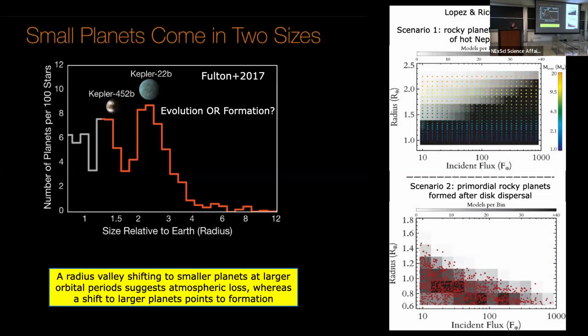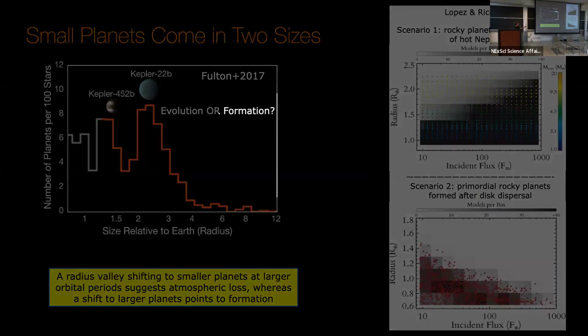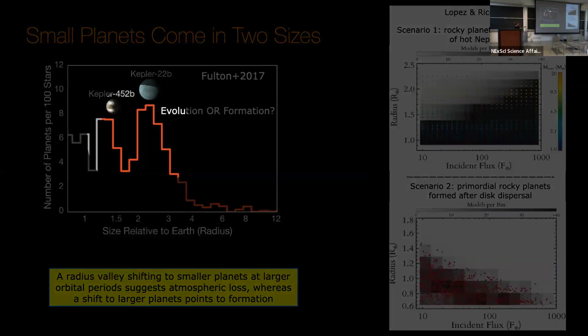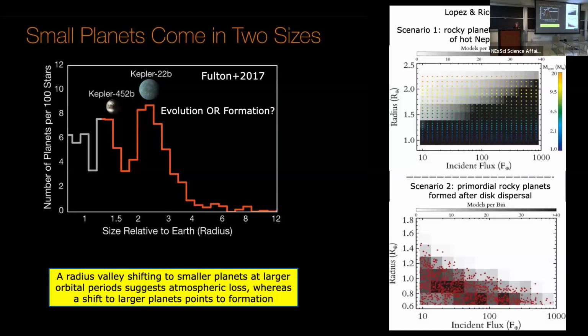There is an interesting prediction from these models: this radius valley would shift towards smaller planets at larger orbital period in the evolution scenario, the case of atmospheric loss, because as you move out in orbital period, you have fewer photons that can strip the atmospheres.